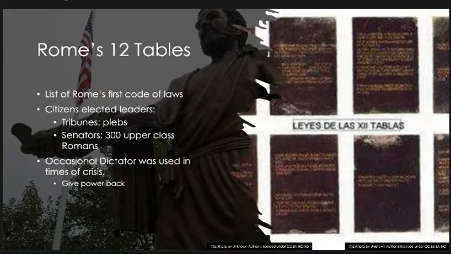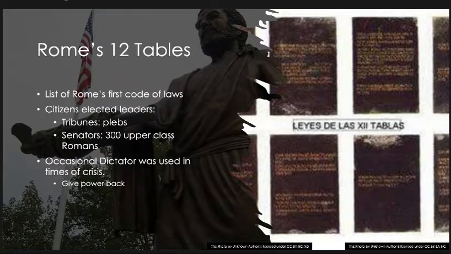All right. Now, occasionally, crisis would happen. Barbarians would try to invade the city of Rome and steal their grain supply, or a plague would hit, and decisions had to be made rapidly.